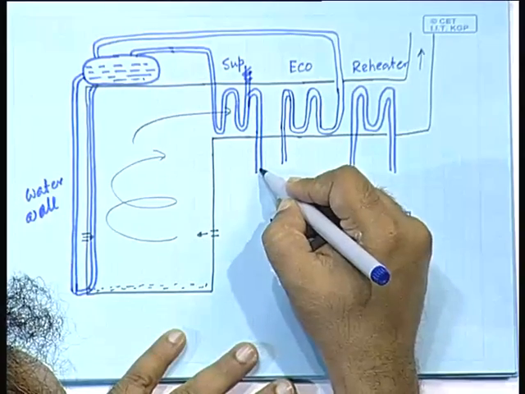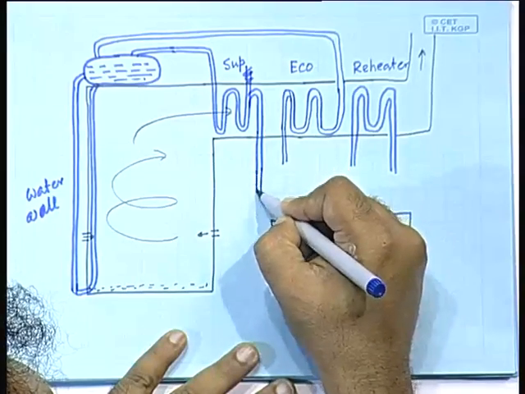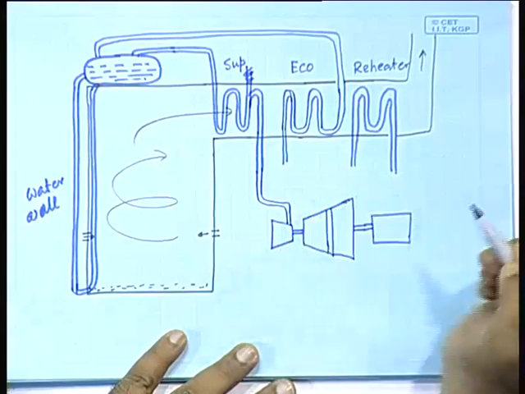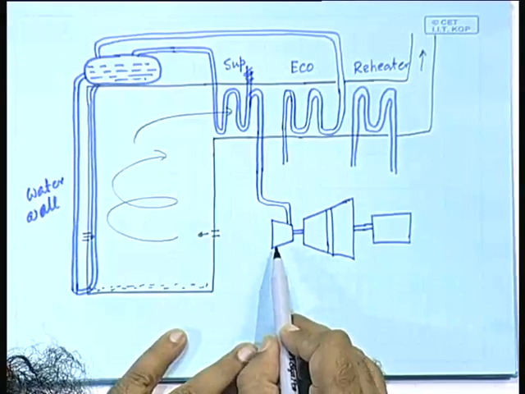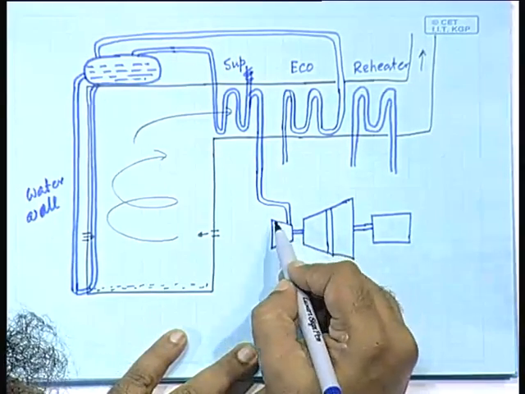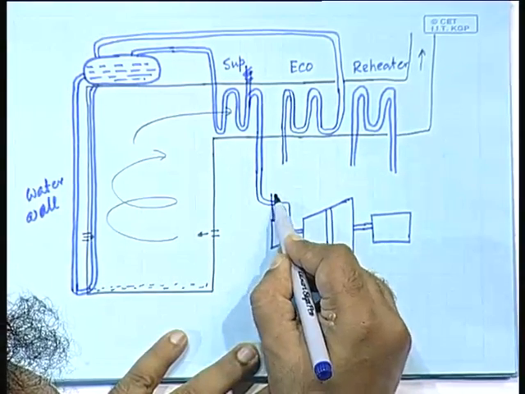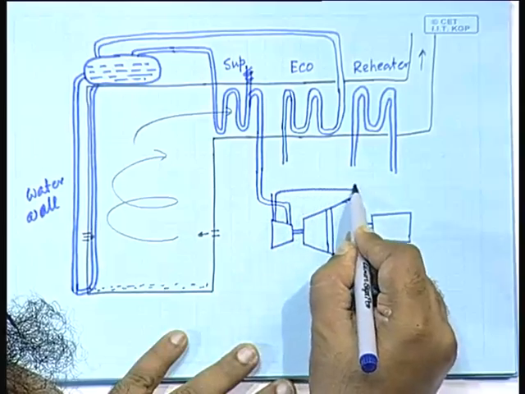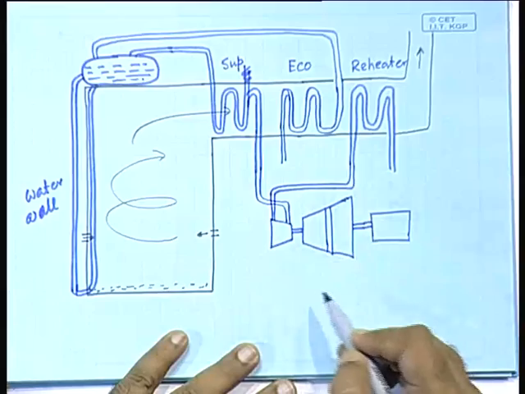So, the superheater steam comes where? It comes here, right. After the first stage, you take it out and that is what goes into the reheater.